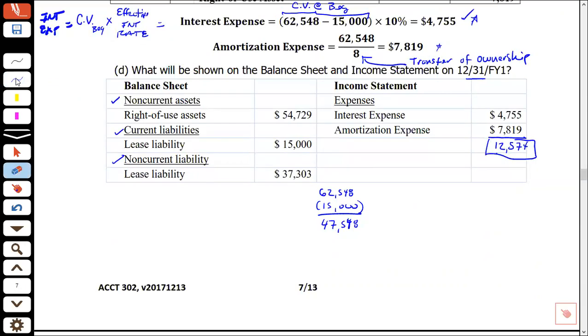This tablet thing's a little tricky to write with. Not that I have the best handwriting under even perfect circumstances. Payments due within 12 months. So on the very next day, actually, there's another 15,000 due.